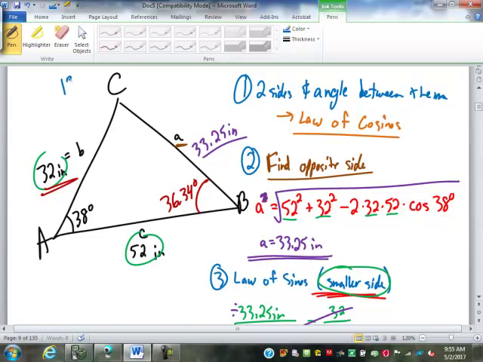We subtract. 180 minus 38 minus 36.24 gives us 105.76 is angle C. So there, C was obtuse, but it's just barely obtuse. 90 degrees is the right angle. So it's been really hard to figure out from the picture, is it obtuse or is it acute? In fact, this picture looks very acute.